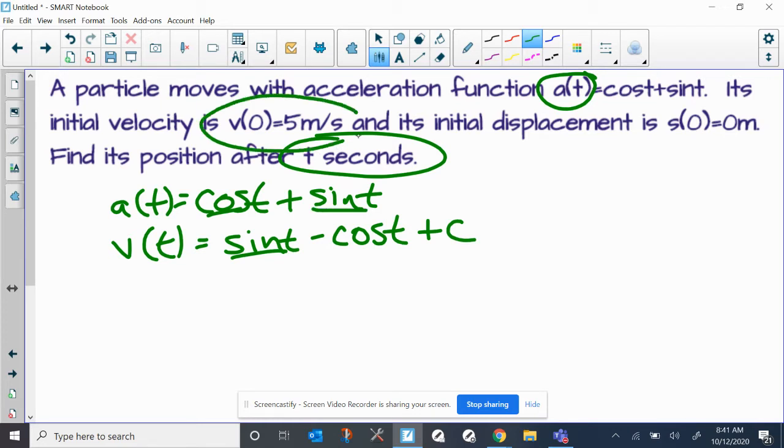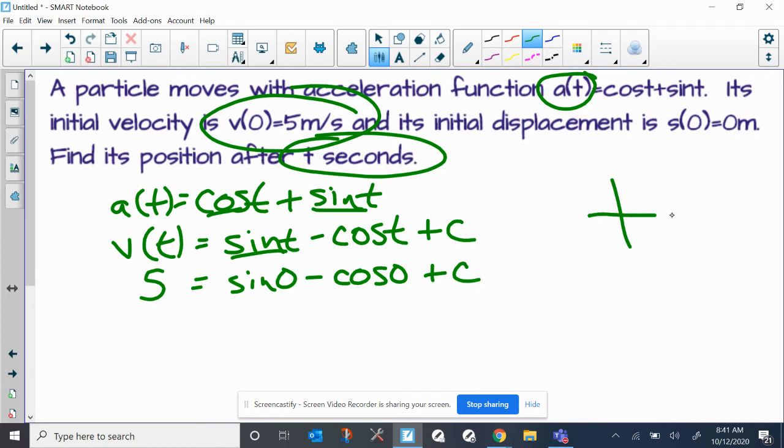Now in this example, they gave me an initial velocity, so I can use that right now and actually solve for my c. So my velocity is 5 when time is 0. So I have sine of 0 minus cosine of 0 plus c. Now in my unit circle, 0 is right here.